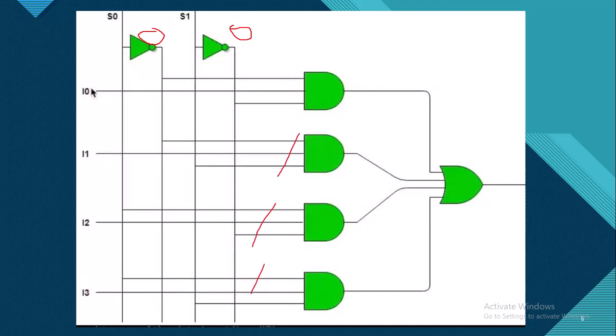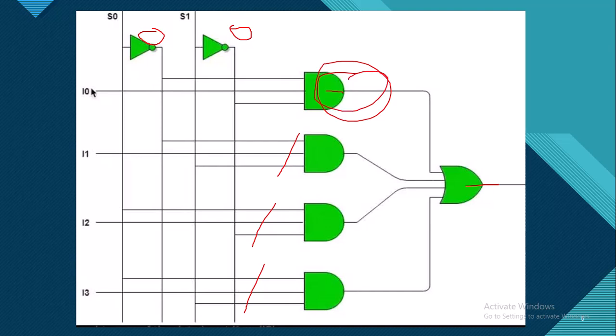All these lines are not being served when there is no power coming from our two selection lines, which are both NOT gates. So when they are both zeros, I0 is the only one working, and it gives an output based on only its own signal, and the others are cut short.